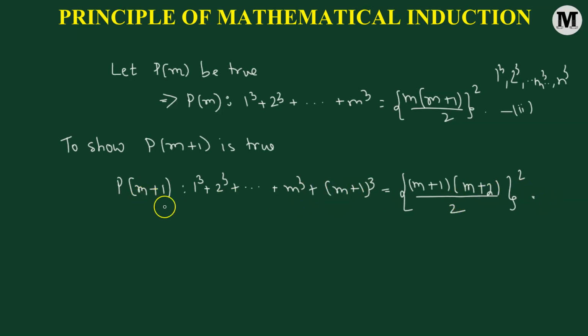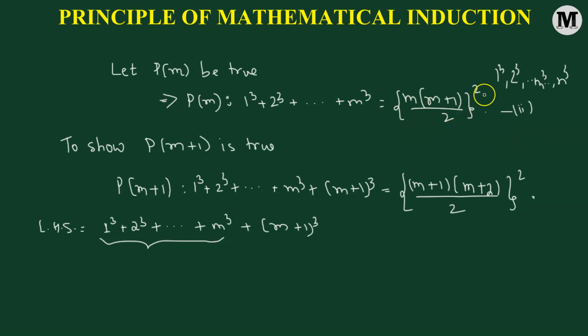Now how do we show that this is true? All we have to do is start from the left hand side of P of m plus 1. The left hand side is 1 cube plus 2 cube going all the way up to m cube plus m plus 1 whole cube. Now the sum of the cubes of the first m natural numbers, adding up the first term all the way up to the second last term, is m times m plus 1 over 2 whole squared.